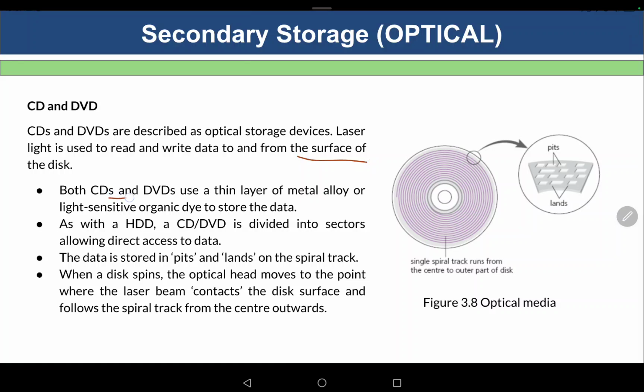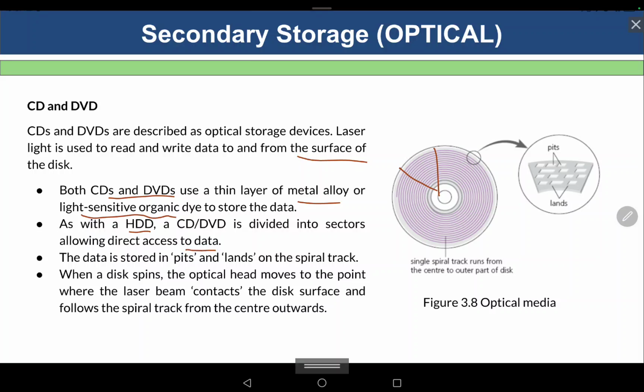Both use a tiny layer of metal alloy or light sensitive organic dye to store data in the disk. As with HDD, a CD and DVD is also divided into sectors, allowing direct access to data.